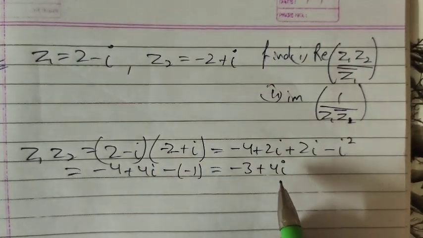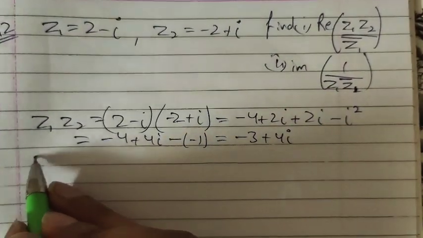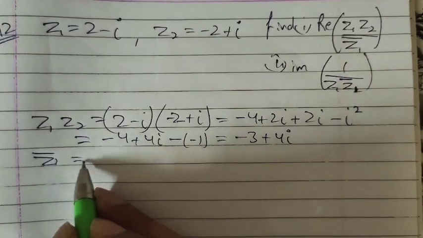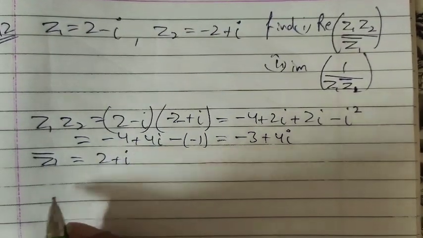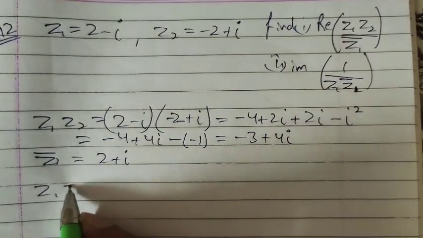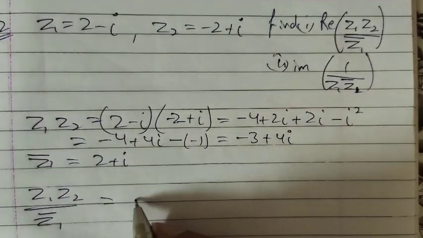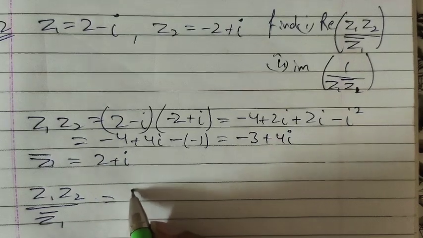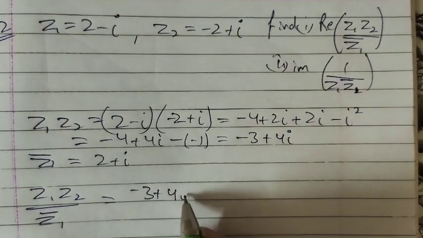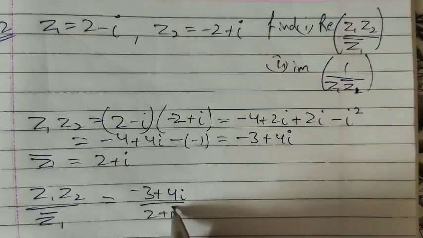z1 z2 is this. Now z1 bar, the conjugate of z1, is 2 plus iota. So z1 z2 upon z1 bar is equal to minus 3 plus 4 iota divided by 2 plus iota, right?